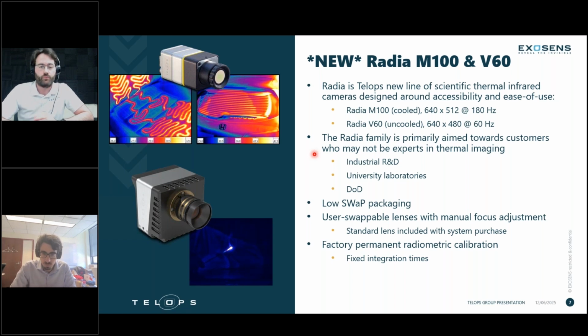So they offer a really high level of data quality, regardless of the fact that they're entry level. You have that low SWaP packaging, user swappable lenses like the other cameras, and that nice permanent radiometric calibration that we offer from Telops. So they don't need to be recalibrated in the lab.